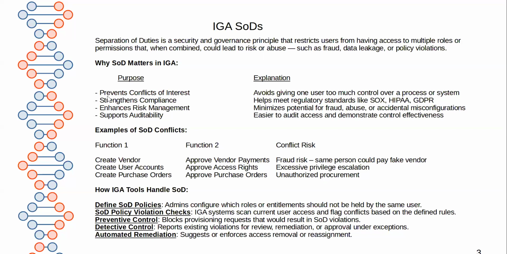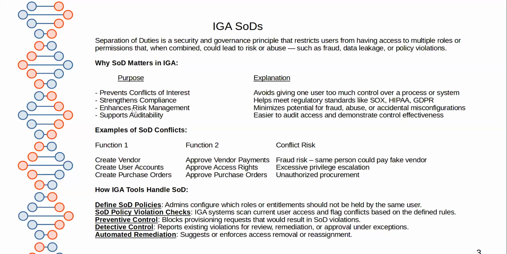Number one, it prevents conflicts of interest. It avoids giving one user too much control over a process or the system. It strengthens compliance. It helps meet regulatory standards, which could be SOX, HIPAA, GDPR, ISO, and several others.